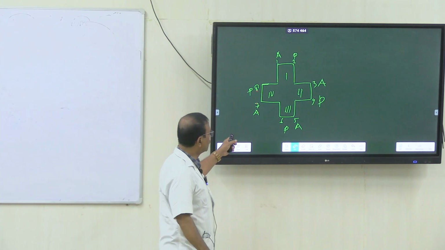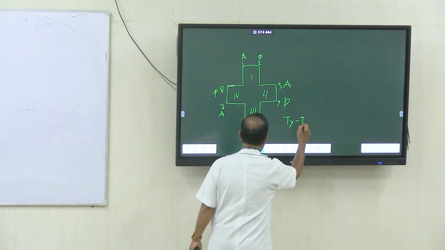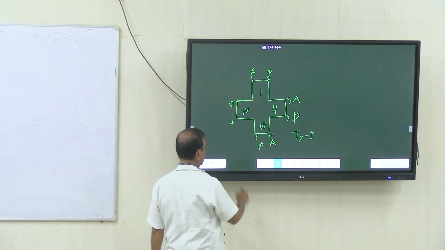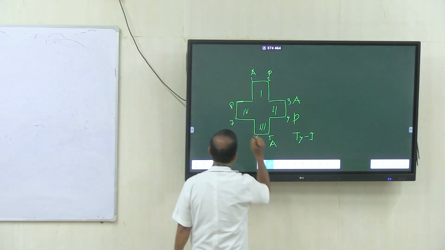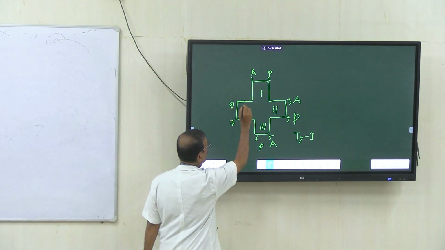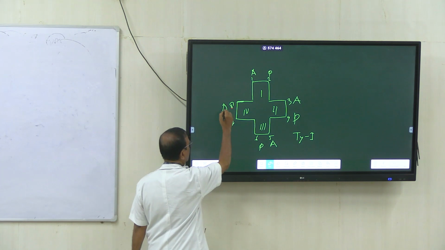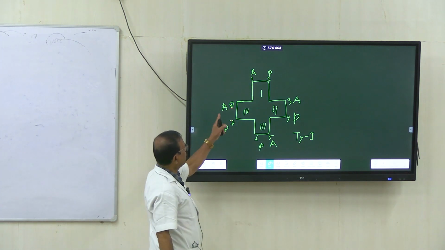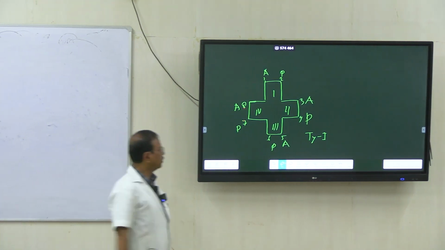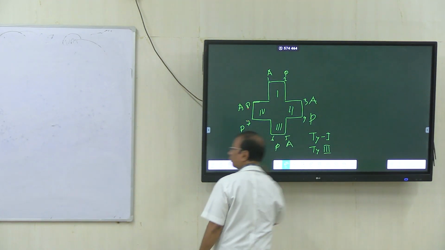Here this is symmetrical, so it is type 1. If we write it like this, with P coming first and A later, PA, it is asymmetrical, so it will be type 3. There is no type 2.